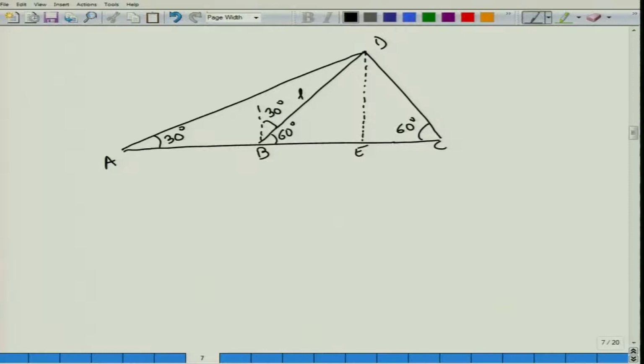Now, we can always draw a perpendicular from D to the side AC, let us call it E. Now, we are interested in knowing H. This is given to be 25 meters, this is also equal to 25 meters. Let us consider BE to be equal to x. In that case EC will be 25 minus x.